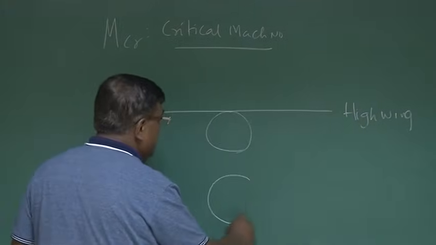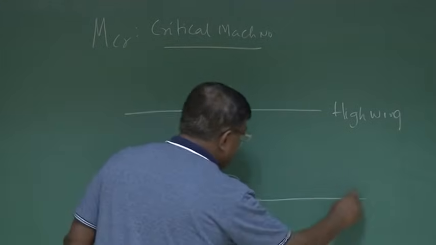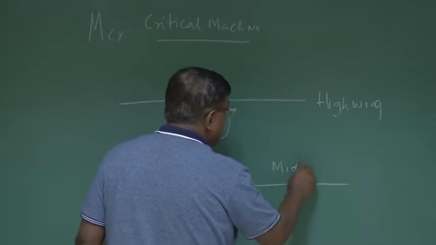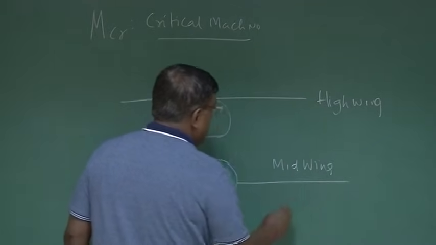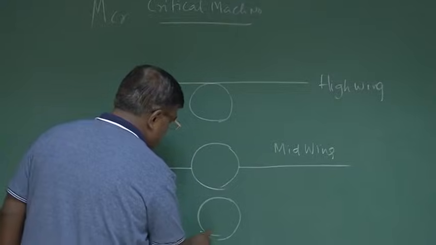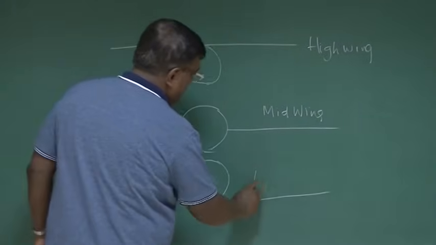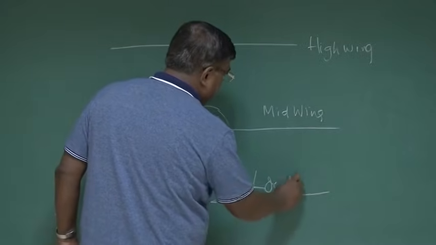I can have an airplane like this. These are called mid wing. I can have an airplane where the wing is like this. These are called low wing.